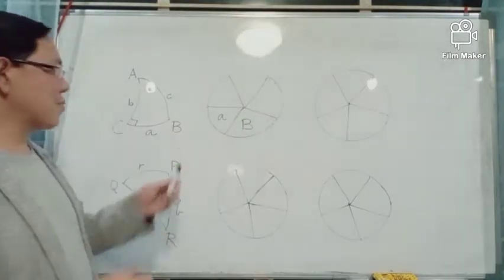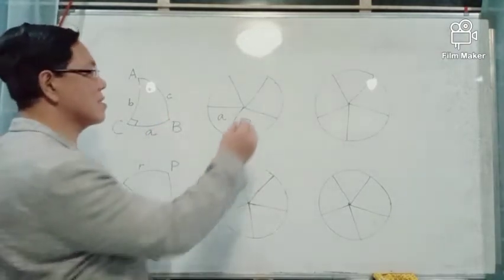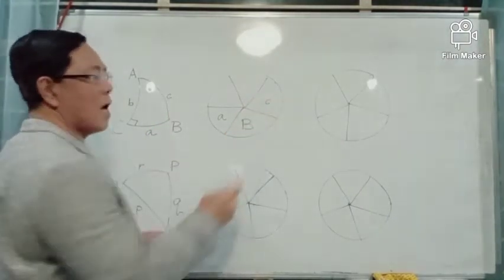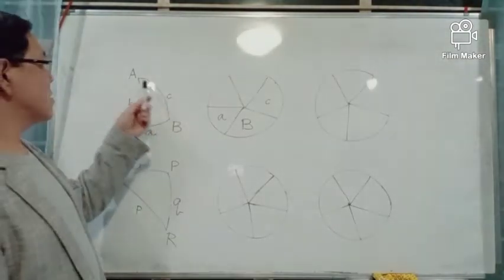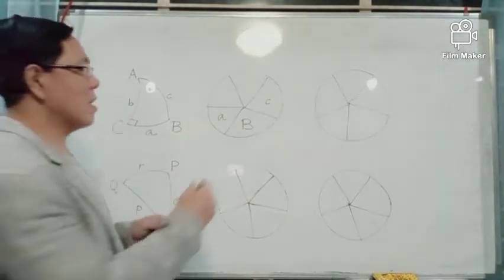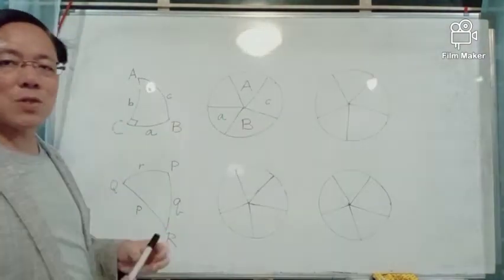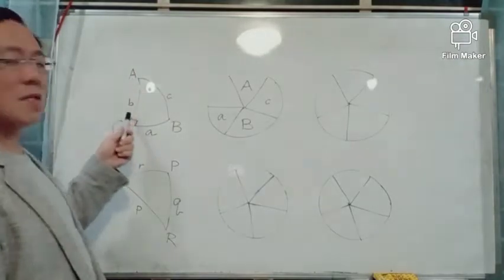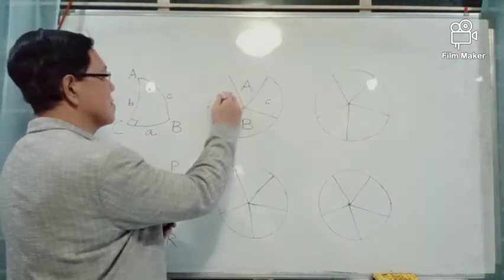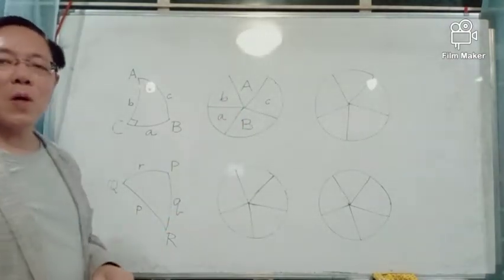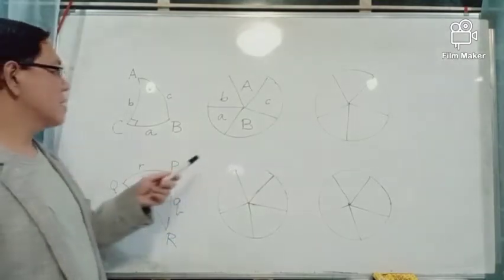And next to angle B, you will write the small c, the side opposite the right angle. And next to small c, you will write angle A. And finally, next to angle A is small b, the side opposite angle B. If you go in clockwise direction, you would obtain the same.